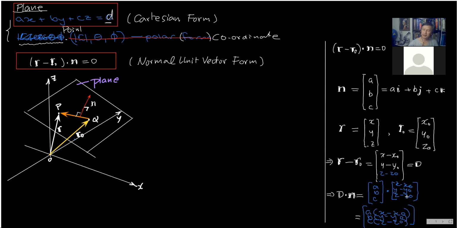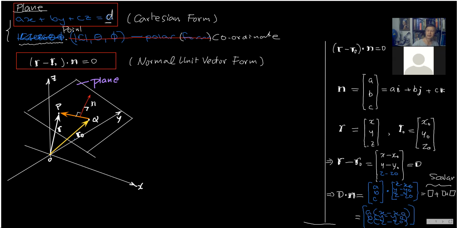Be careful. The dot product will give you the scalar, not the vector anymore. So this will be the scalar now. You remember the dot product gives you this.